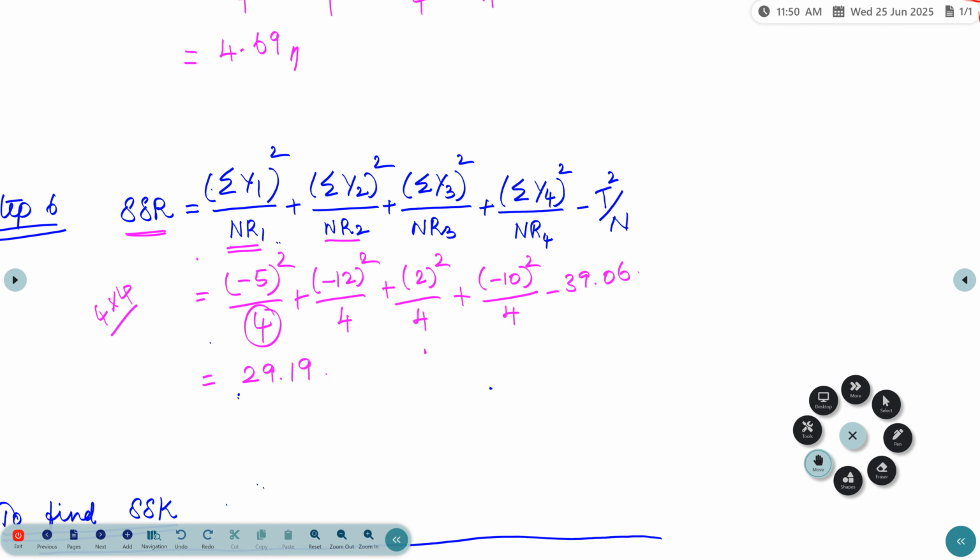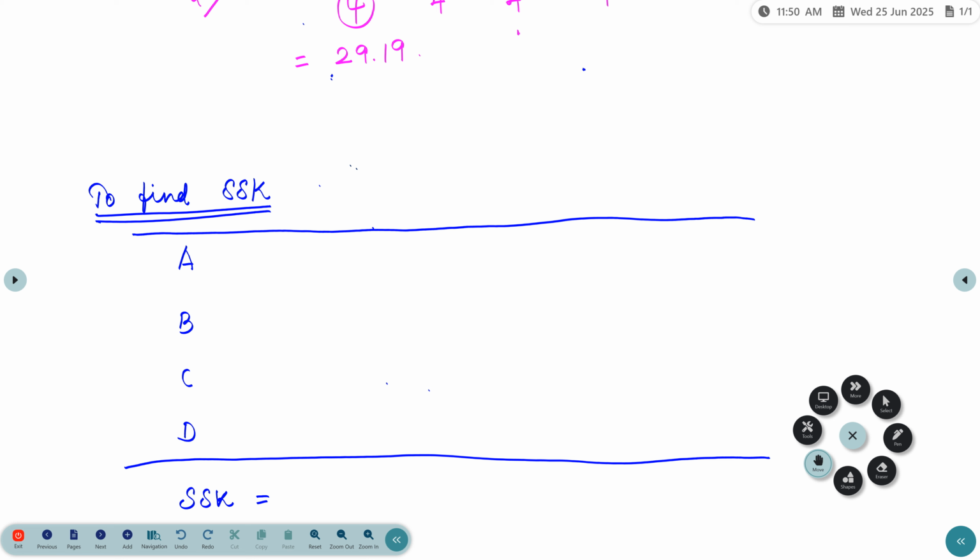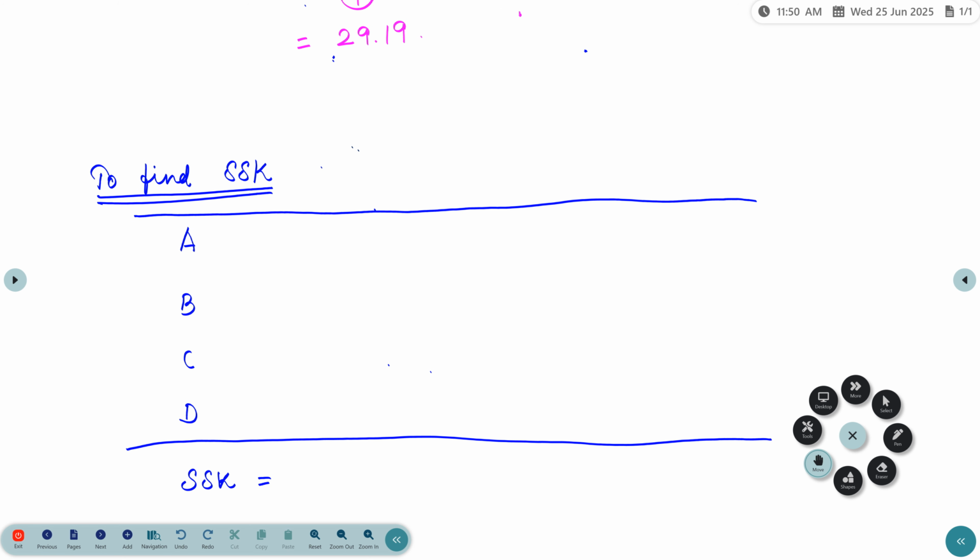Next, we are going to calculate SSK. How can we calculate SSK? In the problem, they have given 4 fertilizers: A, B, C and then D. Now we are going to arrange the values. A values are minus 4, minus 5, 0, minus 3 and B values are minus 9, minus 8, minus 5, minus 10, then C and D values: 1, minus 1, 3, 2, 5, 2, 4, 1.